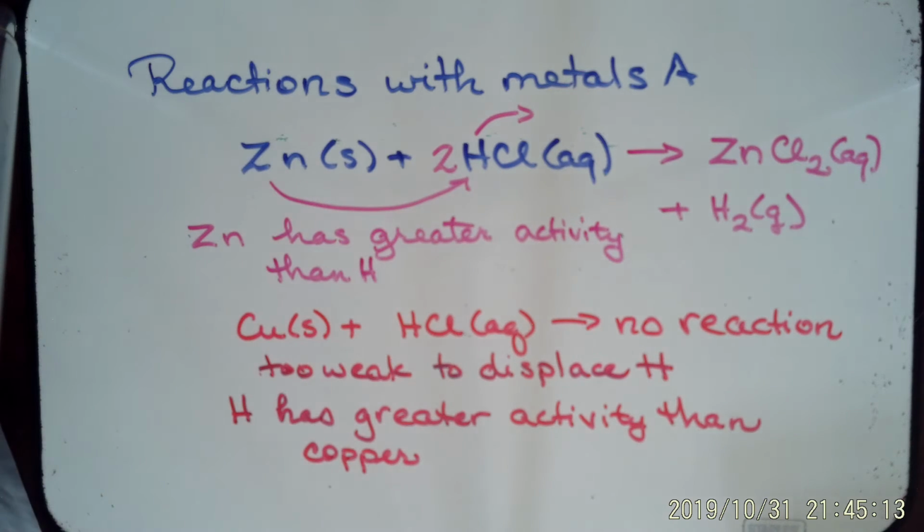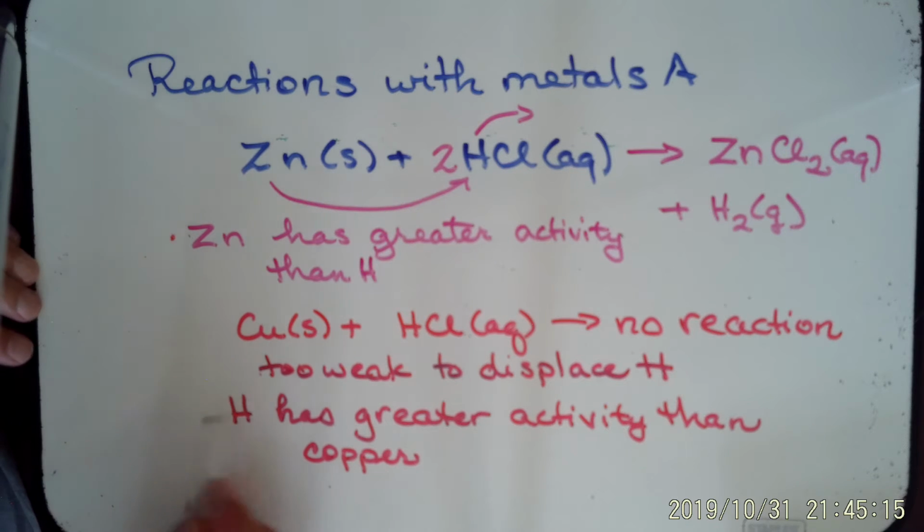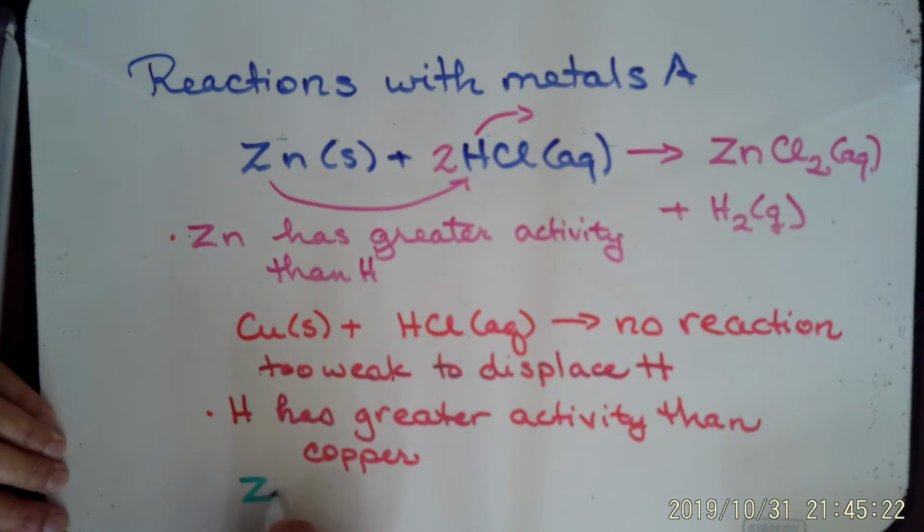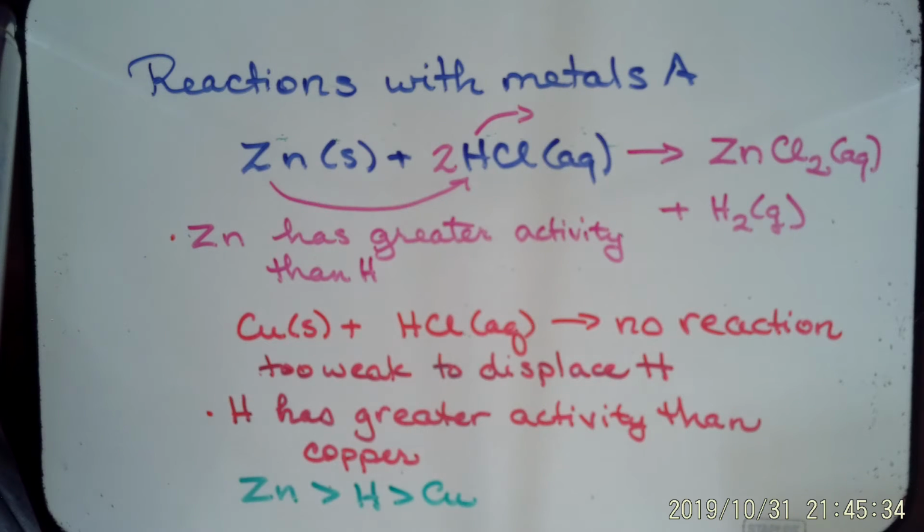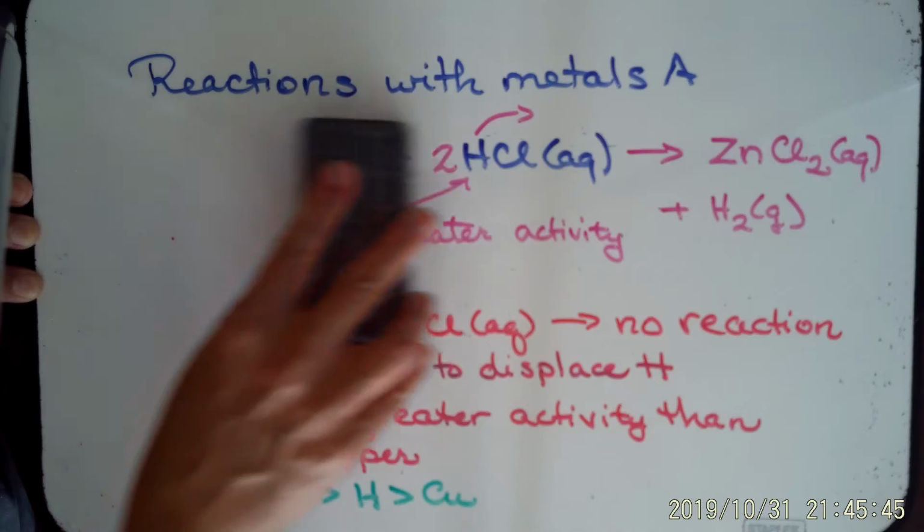Okay, so based on these two results, we can say zinc has greater activity than hydrogen, but hydrogen has greater activity than copper. Okay, now why is that useful? Then suppose I wanted to run a single displacement reaction. And here's my single displacement reaction.